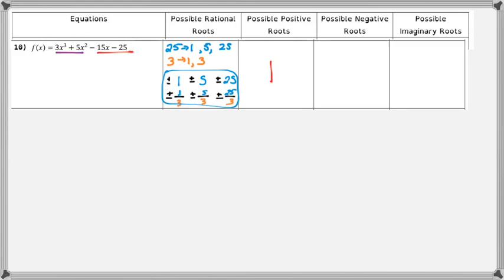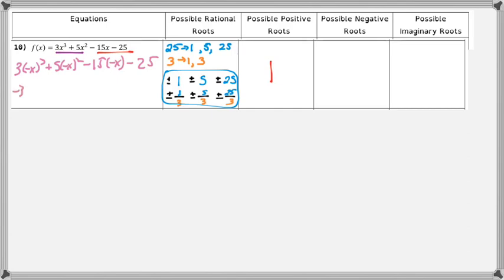My possible negative roots, I'm going to do the same thing, but this time I'm going to be plugging in a negative x. And so 3 times negative x cubed plus 5 times negative x squared minus 15 times negative x minus 25. And again, anytime that the odd exponent, that's when the sign will change.